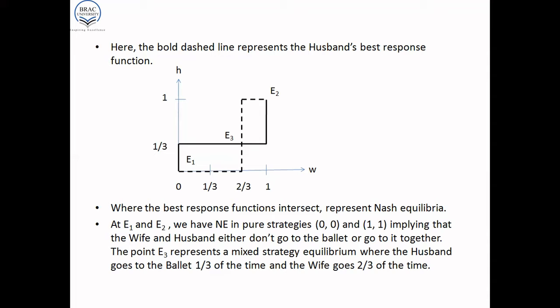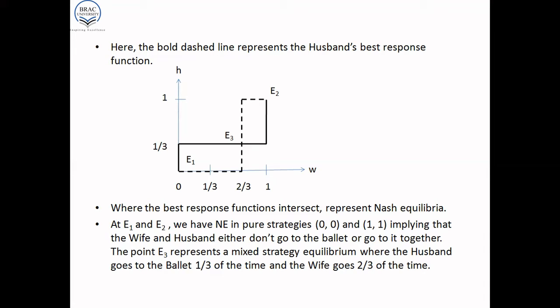So at E1, H is equal to 0 and W is equal to 0. That means that 1 minus H and 1 minus W are equal to 1. What is 1 minus H? 1 minus H is the probability of the husband going to the boxing match. What is 1 minus W? 1 minus W is the probability of the wife going to the boxing match. So when H and W are 0, 1 minus H and 1 minus W are both 1.